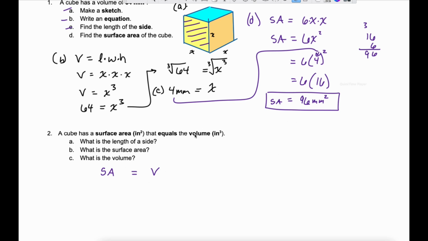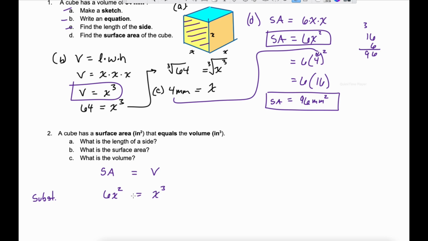So what is the surface area equation? It's right over here, we just used it in the previous problem. 6x squared is surface area, and volume is x cubed. So I just substituted my equations. And then we are going to solve.